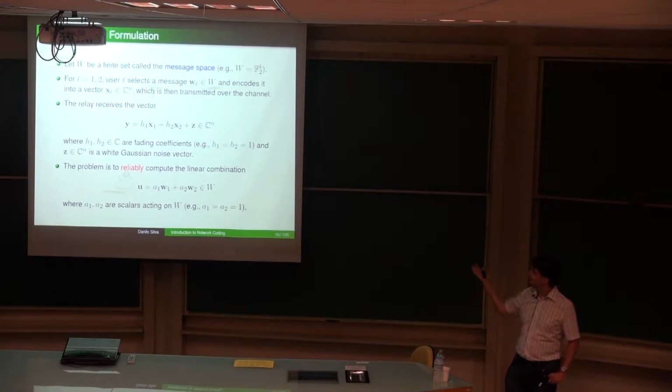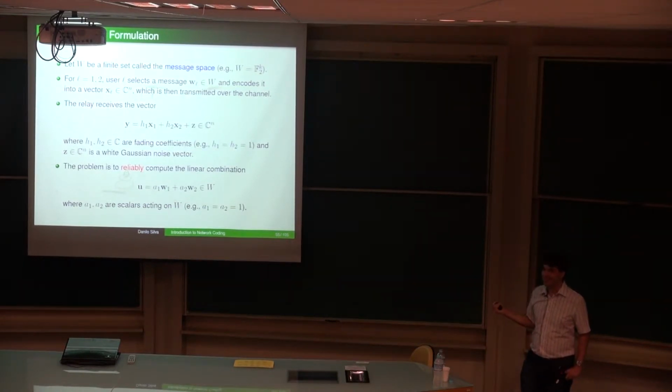Yeah, so these are just two orthogonal dimensions, right? But how can you transform them into real vectors? So this fading coefficient could be a complex number. You would prefer to work with reals rather than with complex numbers?